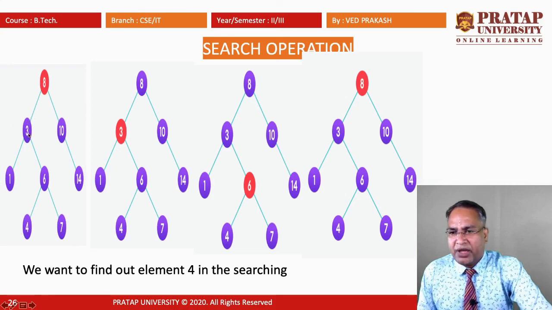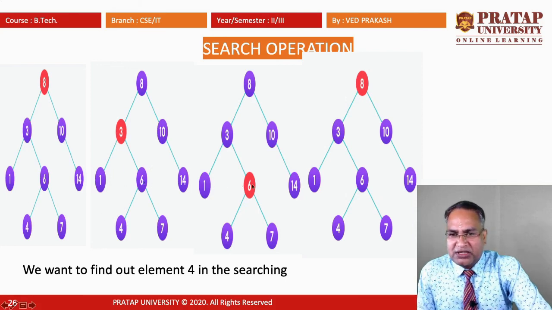So I have to compare element 4 with element 3. I find that 4 is greater than 3, then I move to the right hand side, and in the right subtree I find the new root, which is 6, and I compare this with 4. I move to the left hand side because 4 is less than 6, and here I find the element 4.